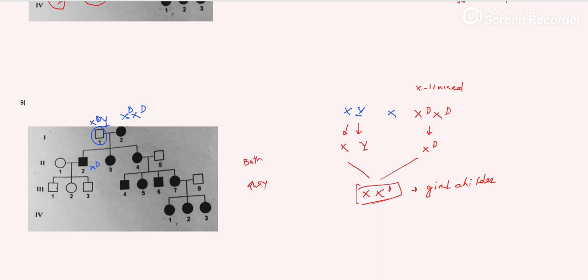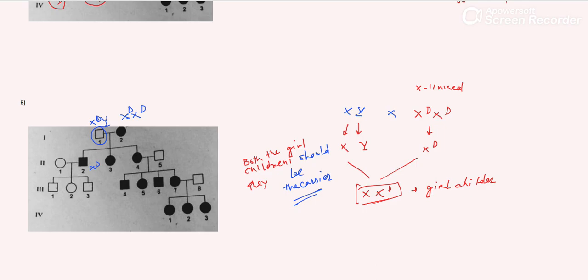Both the girl children should be the carrier of the disease, but they all are diseased. So it cannot happen, because we have shown that there are two girls and one boy.